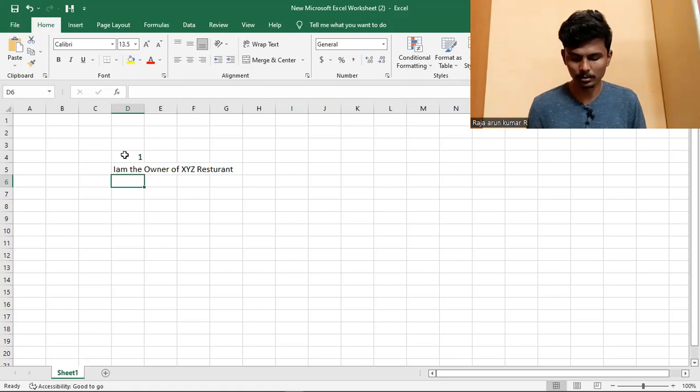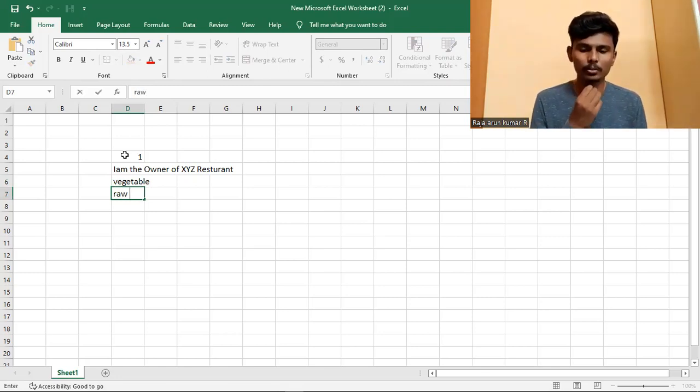First, vegetables. Then raw material, that means rice. Rice is wanted, for roti wheat is wanted, like that, raw material.